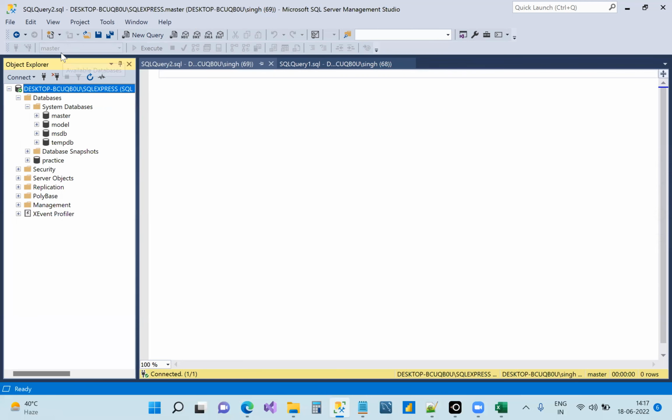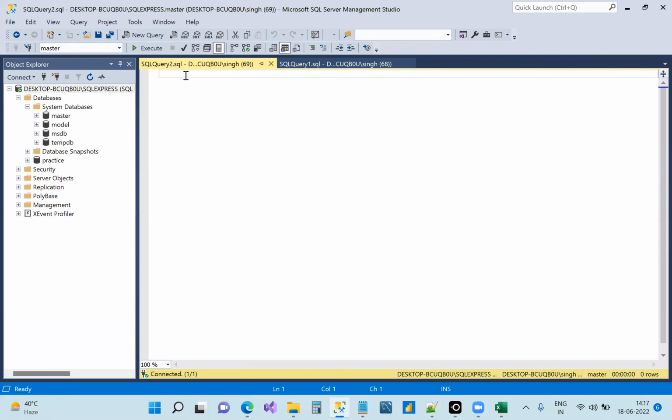You'll always have to select a database, because to pull anything from a table you need to know in which database it is stored. Always remember this, because no matter what you do in future, on which platform you write your SQL, you will need databases. Without knowing the database, you cannot write your query properly. Suppose I want to pull my employee data, I should know in which database my employee data is kept.